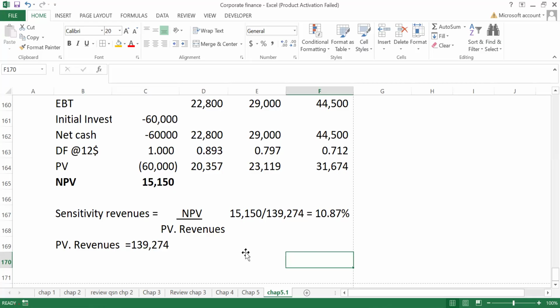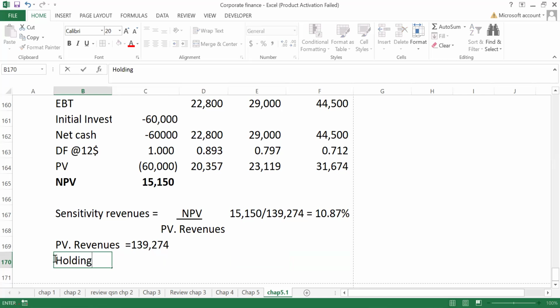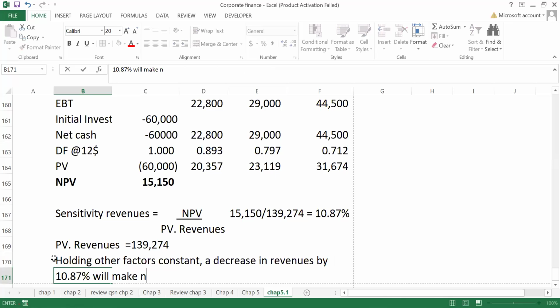You can write that interpretation: holding other factors constant, a decrease in revenues by 10.87% will make NPV 0. So that is how you're going to interpret.